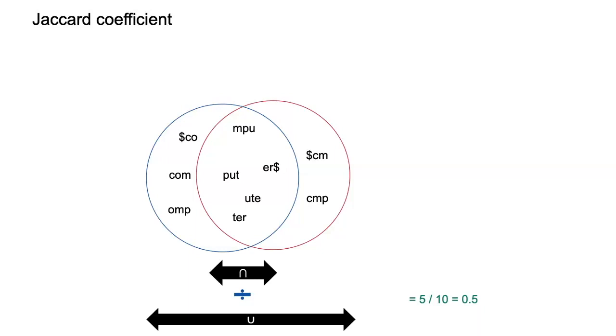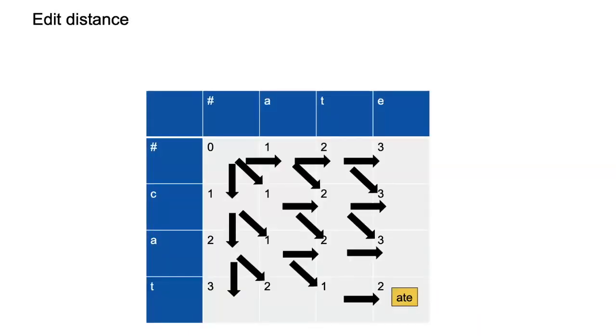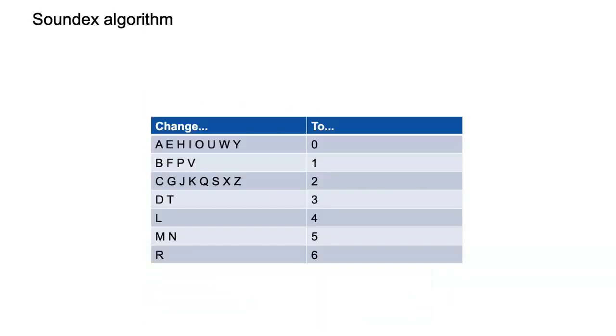And by the way, you saw that like this and in many other places, there is not only one way to do things. It's a whole history over multiple decades of people who contributed ways to do things. And so there are often several ways to do the same thing, right? So edit distance, Jaccard coefficient. The Soundex algorithm is also used for spell checking, and this is based on how things sound. Careful, this is specific to English.